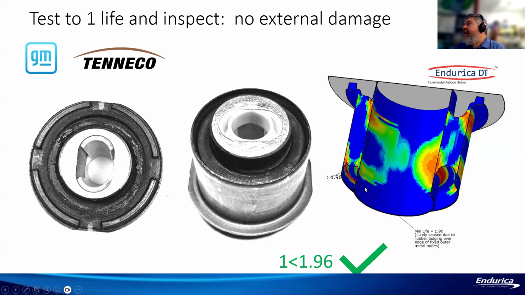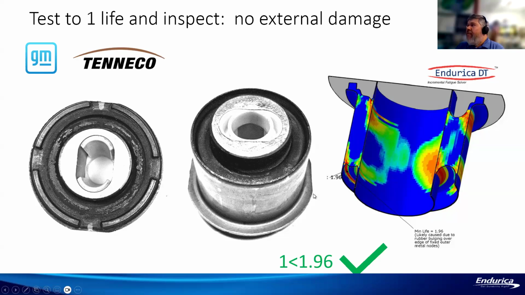You can see that in the simulation, we predicted the first crack to appear on the outside diameter. The prediction was 1.96 lives. So in this case the validation worked out, right? We predicted that if you run 1 repeat, you should not see cracks, and that's in fact what we saw.